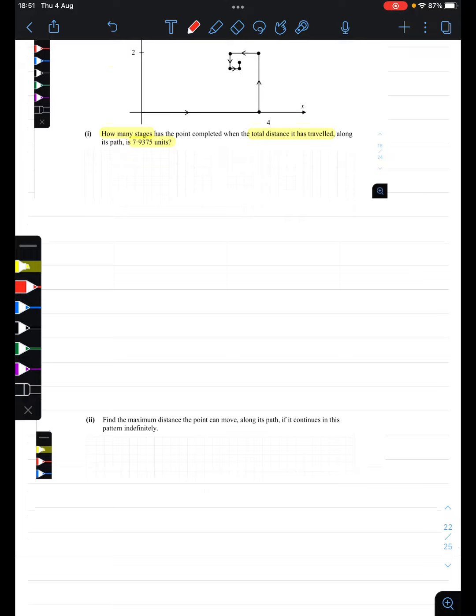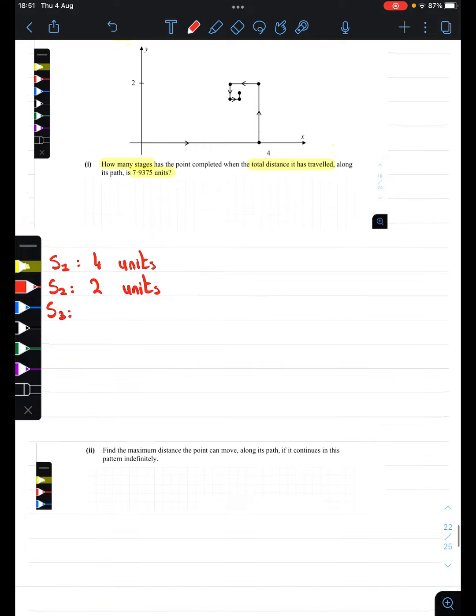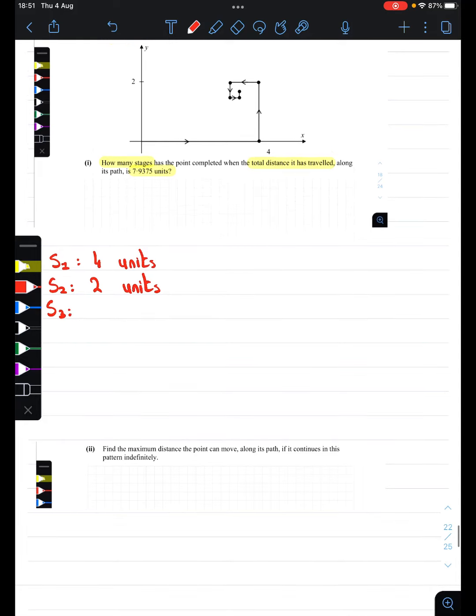Well, after the first stage, it's traveled 4 units. So let's call that S1, 4 units. In S2, it travels 2 units. In S3, it travels 1 unit.